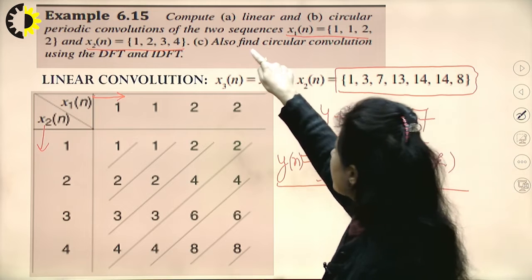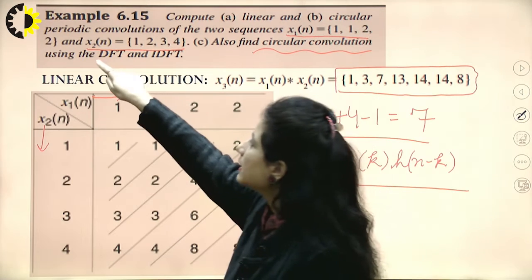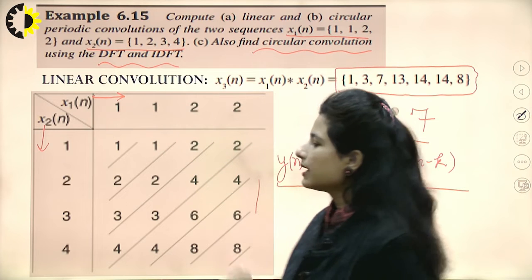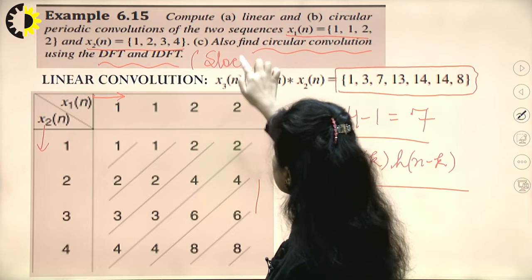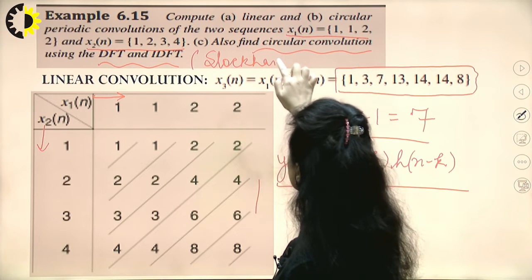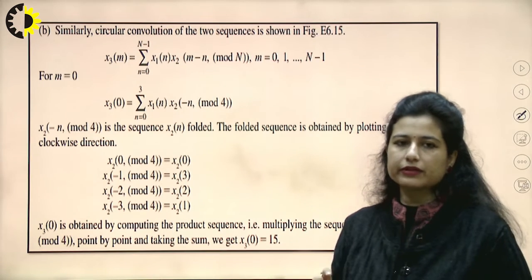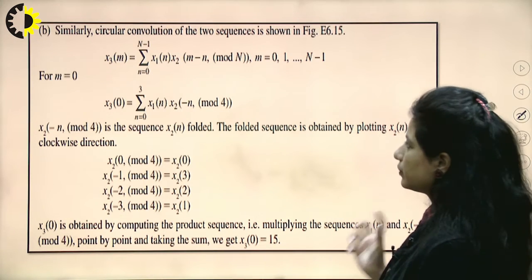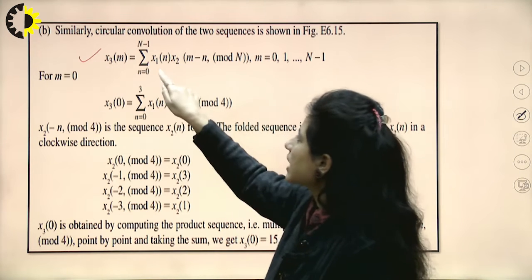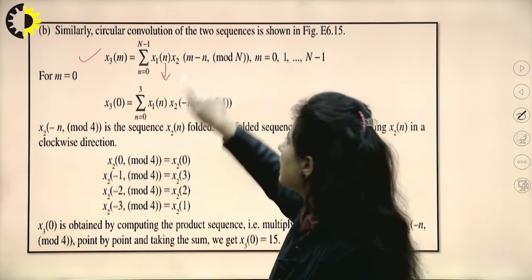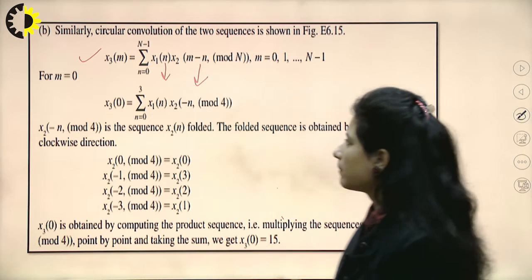Now I need to find the circular convolution as well. Here it has been specified that I have to use the DFT and IDFT method, which I was telling you is also called the Stockham method. Let us solve this same numerical with three different types of circular convolution. First is by the formula, in which I would take the first sample and the shifted second sample and start multiplying them one by one.